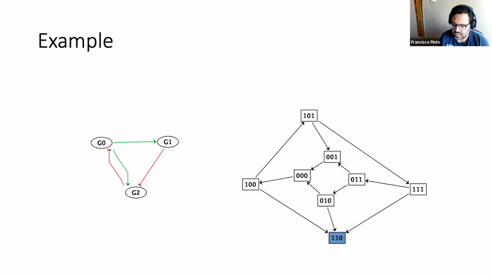So a cell starts being a stem cell, and it can differentiate into different types, and each of those different types can be a different attractor in this state transition graph. And you can study not only the existence, the number of attractors, but also what is their basin of attraction.